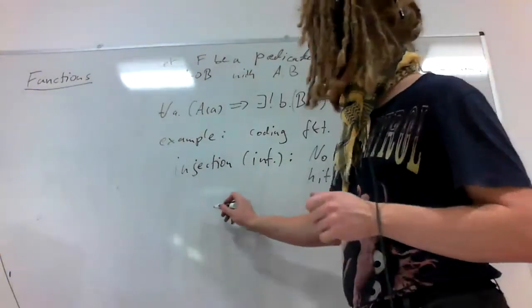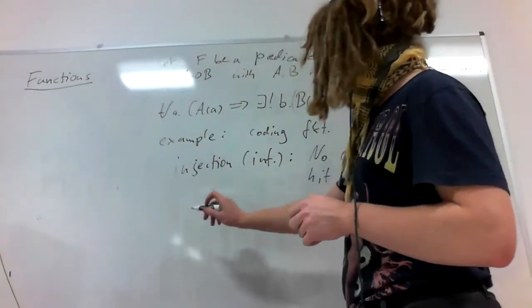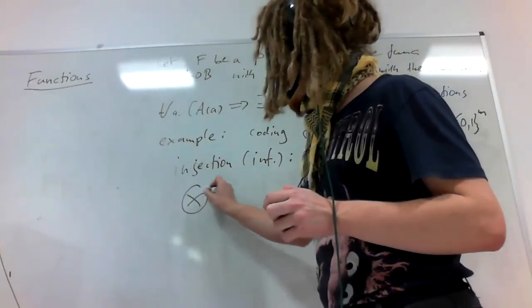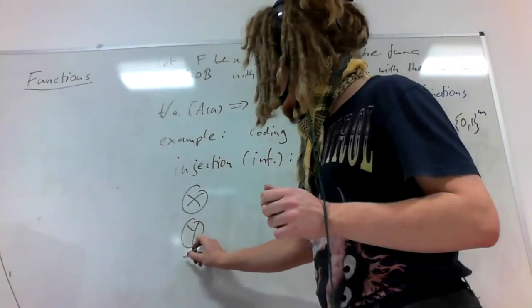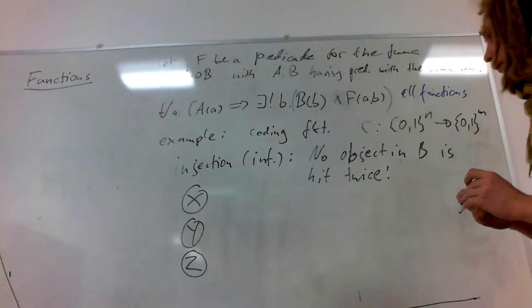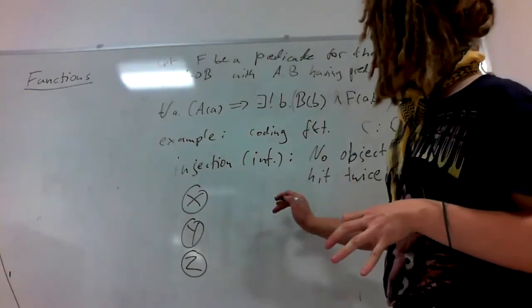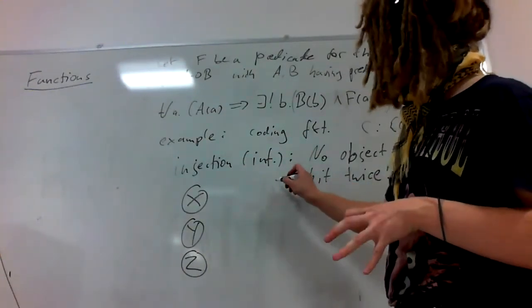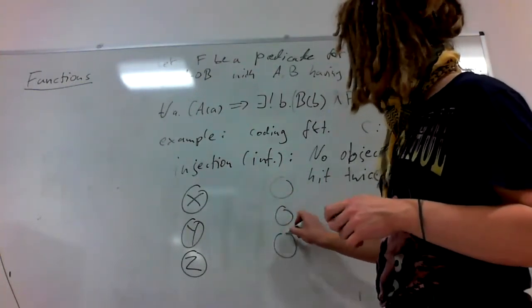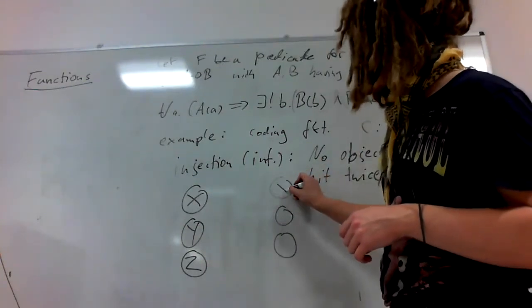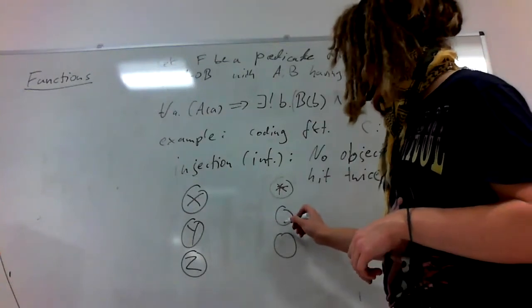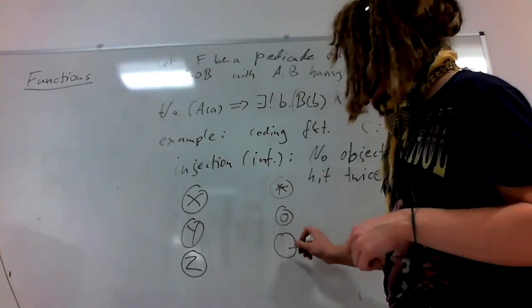So let's say we have only X, Y, Z, only 3 objects that we want to encode, and we have 3 possibilities to encode those: star, circle, and plus.